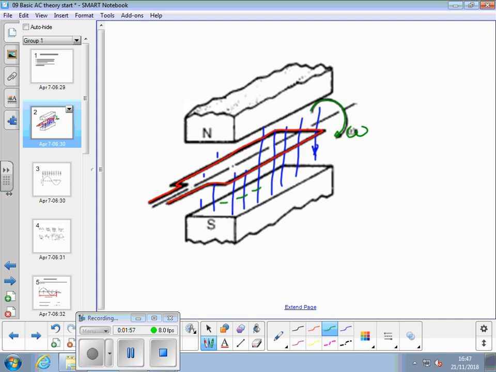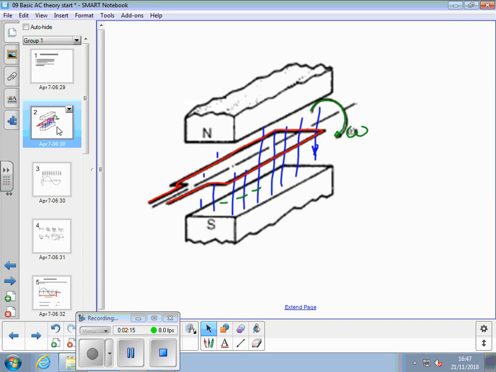So that's the basic operation of a generator, and we'll do that so long as there is relative motion between the conductor and the field.